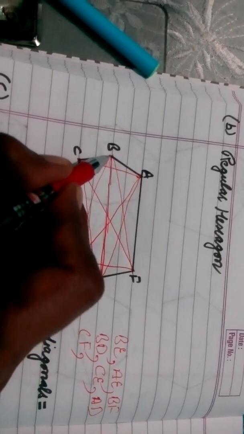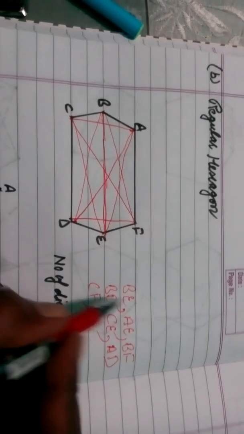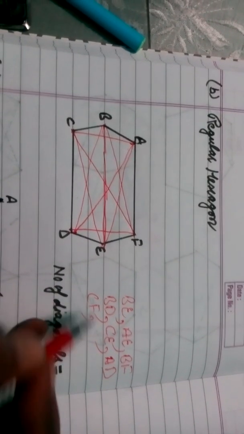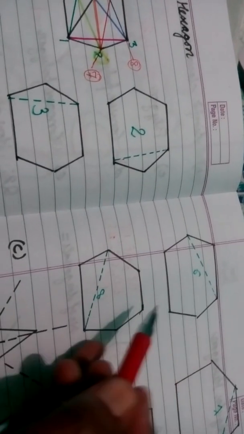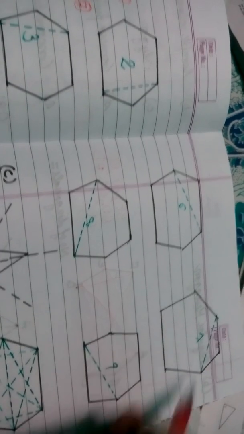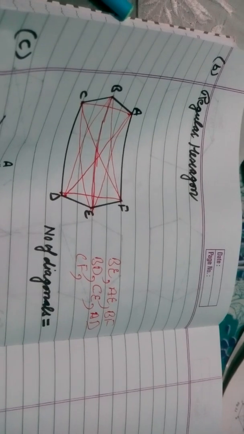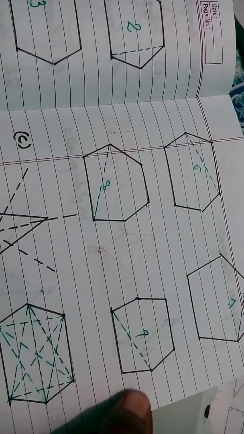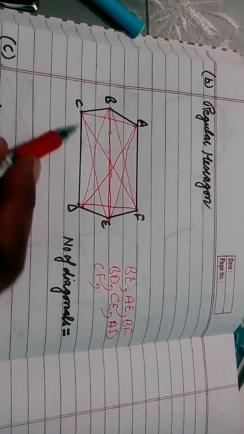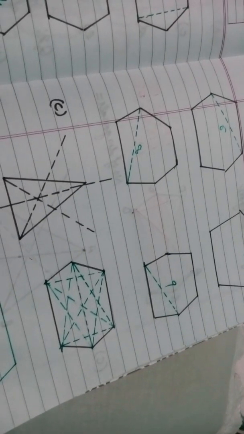Next was from here to here, which I have already drawn. So I can see how many there are: 1, 2, 3, 4, 5, 6, 7. Two have been left. This has been drawn, and this also has been drawn. These two have already been drawn, and these two also. So all these 9 have been drawn.